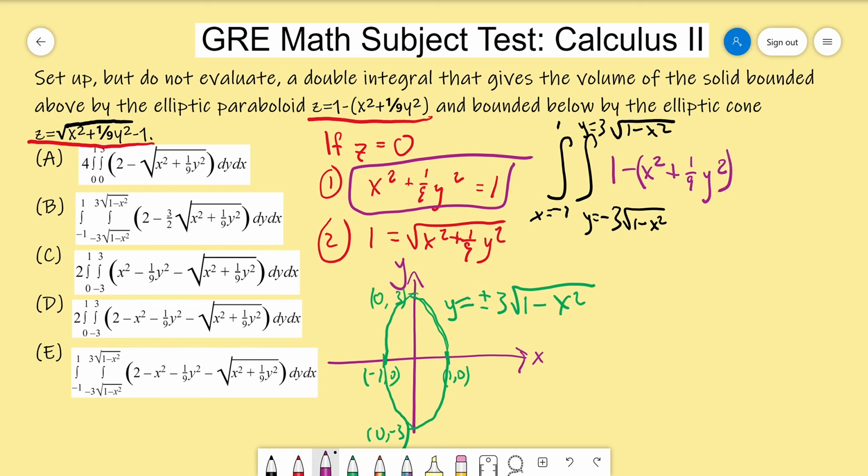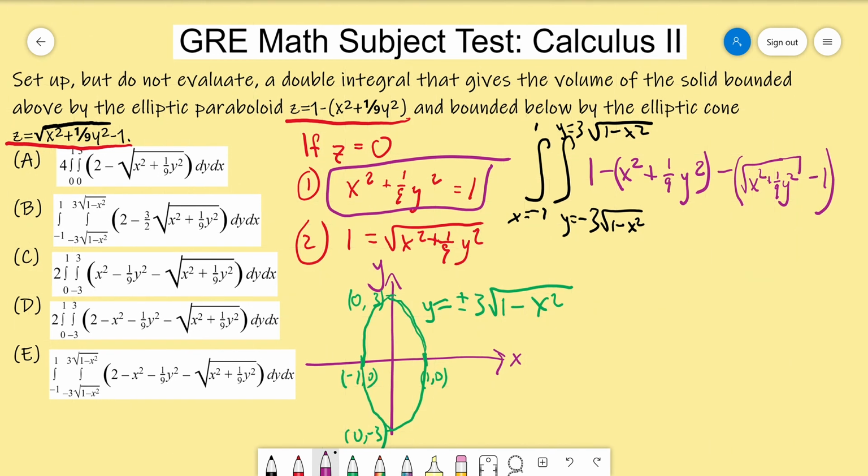And we have to subtract from that the surface that's below the xy plane, so that's going to be square root of x squared plus 1/9 y squared minus 1. And all of this is going to be integrated with respect to y and then with respect to x.